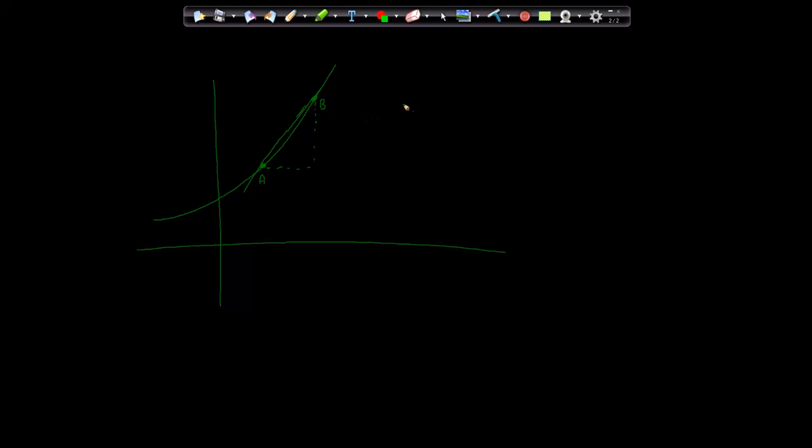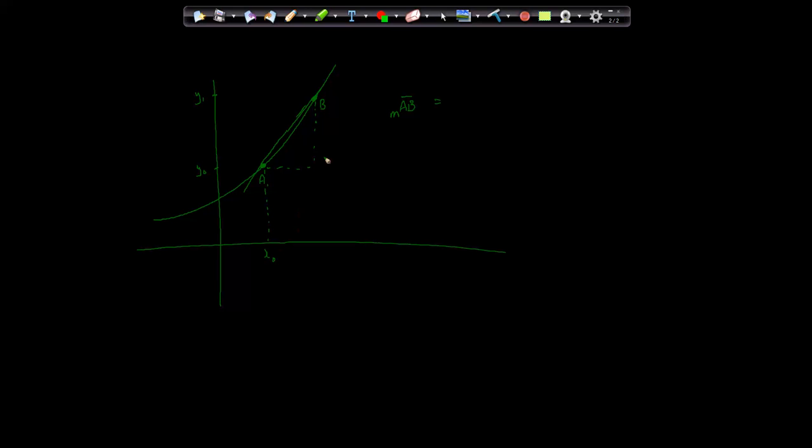Okay, so the slope of the line AB, and I'll call it m for slope, is going to equal, let's call this point y1, and that's y0, and let's drop this straight down here.